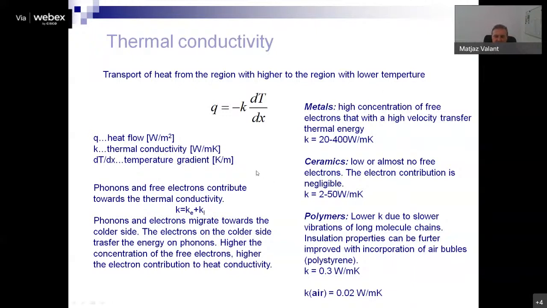Now, again, we have to ask ourselves how microscopically the heat conducts through the material. And there are two mechanisms. One, we already talked about, are phonons. The phonons can conduct their energy from one side of the material to the other side by, of course, a vibration of its modes.